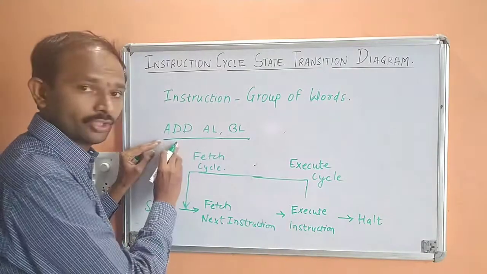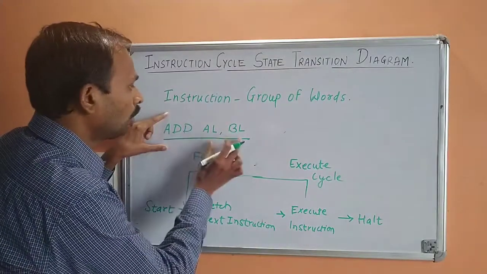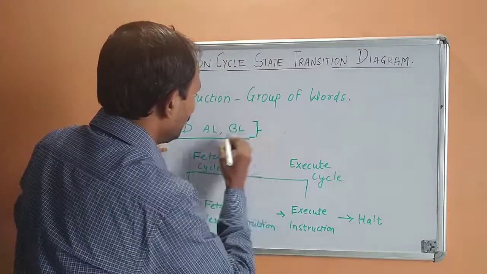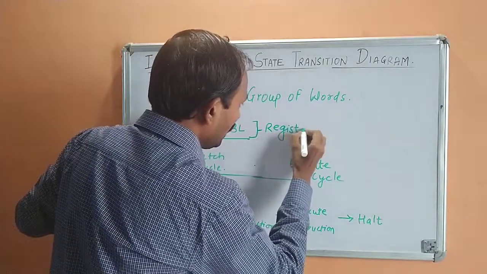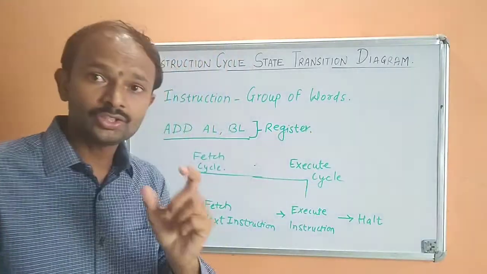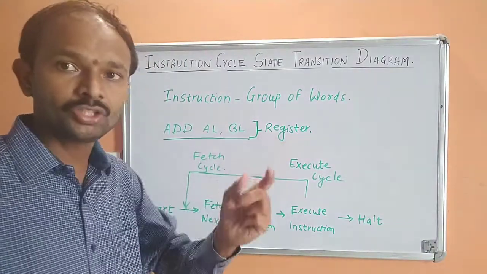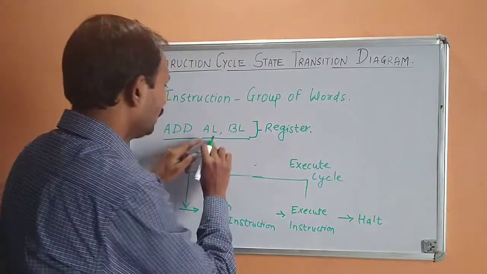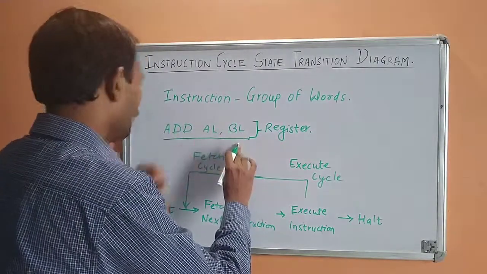Now what is this instruction doing? This instruction is actually adding two numbers, and these two numbers are stored in these two registers. As we know, a register is a storage unit for the data which the computer wants to process. Here AL is an 8-bit register and BL is an 8-bit register.